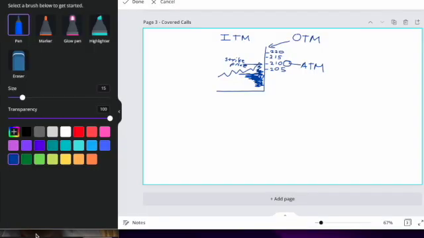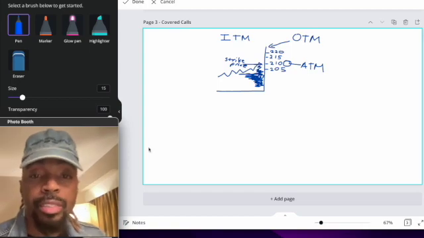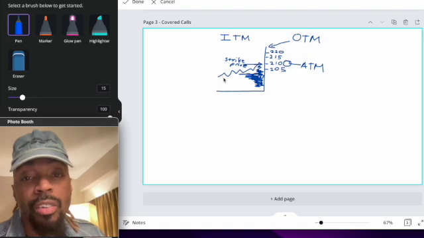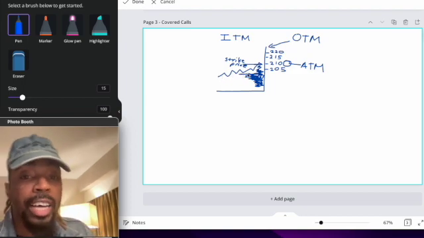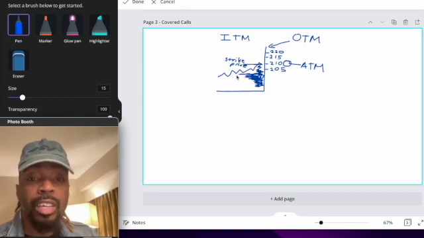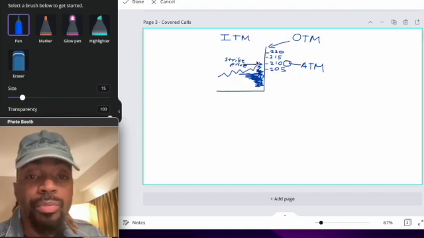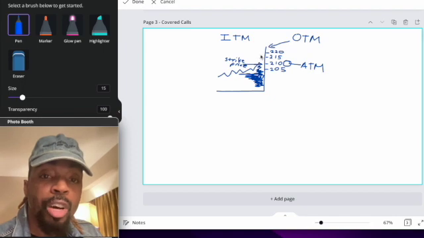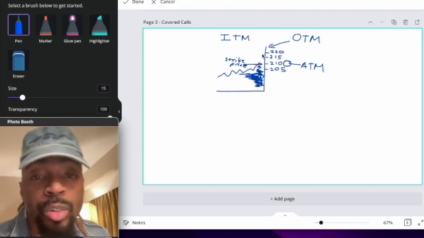All right, what you see here is in the money. So what we're looking at is a chart that shows the trajectory of a certain stock. It could be stock A or whatever you want to call it, and you see the strike price is at 210, and you see numbers going up above 215 and 220, right?